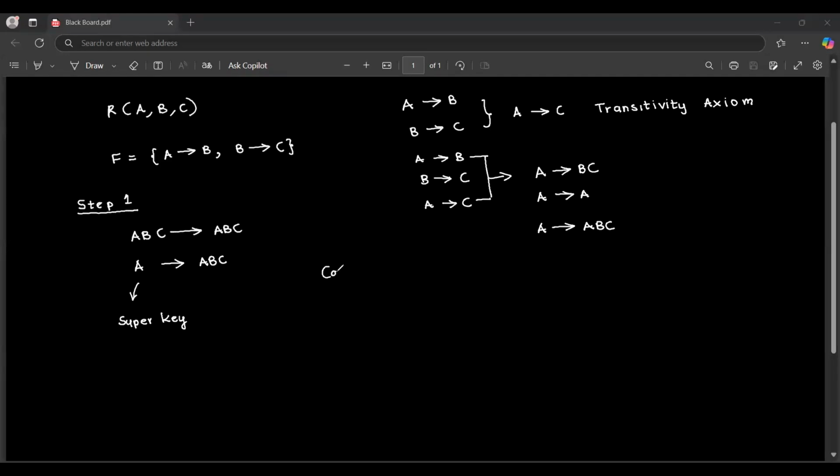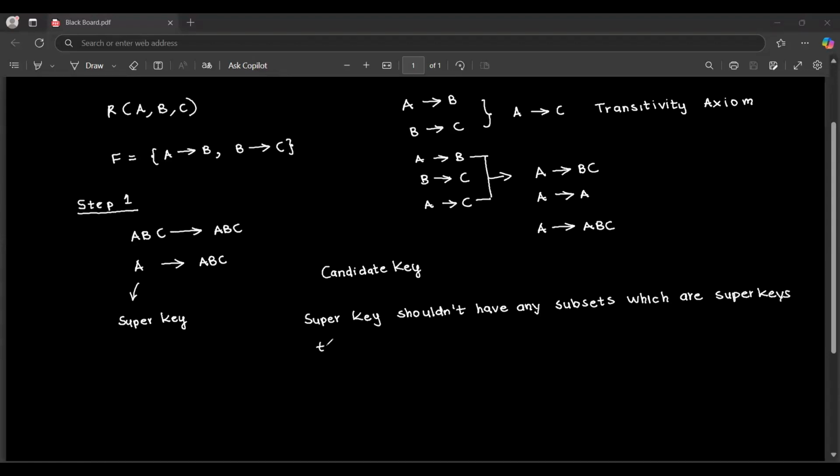To be a candidate key, a super key should not have any subsets which are super keys themselves.